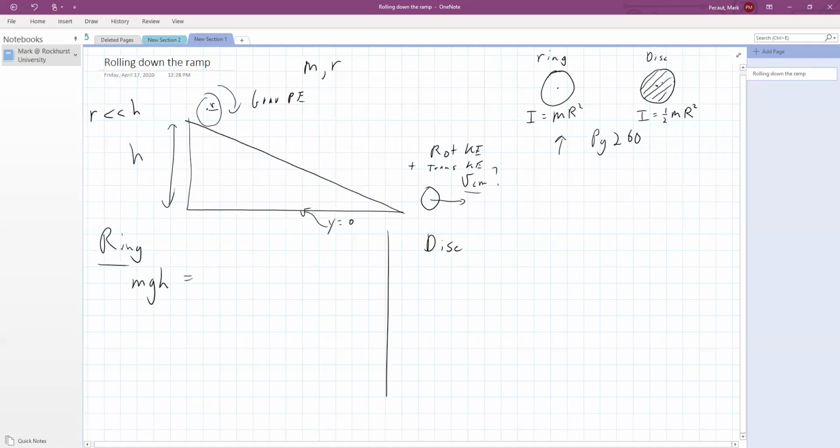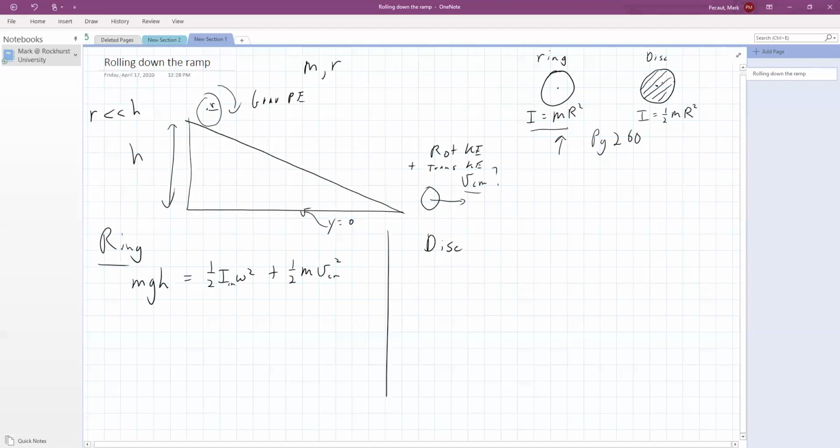And then that gets converted into rotational kinetic energy, so that's 1/2 I omega squared, where I is through the center of mass, plus translational kinetic energy, so this is 1/2 m v of the center of mass squared. Of course, this is all through the center of mass, so I'm just going to drop these two subscripts so it's a little clearer.